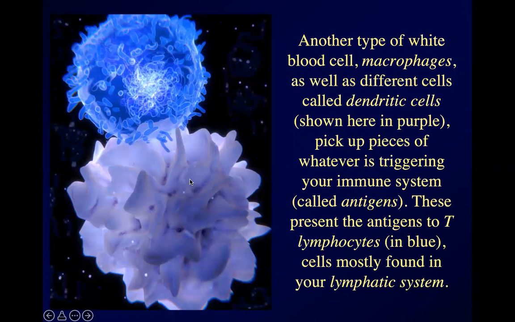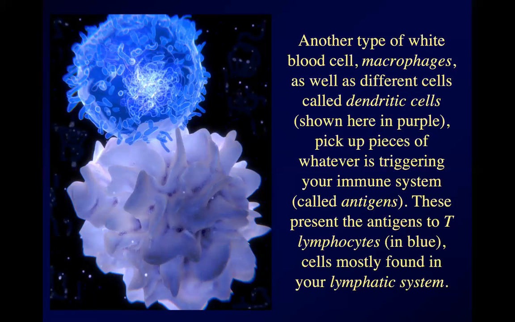There's a second type of white blood cell I didn't mention. We talked about leukocytes. By the way, I don't know if you've ever had this done or seen it done, but doctors will sometimes order something called a complete blood count. They'll take a blood sample and the tech will smear it out on a slide, and there are ways of counting the number of white blood cells that are present.